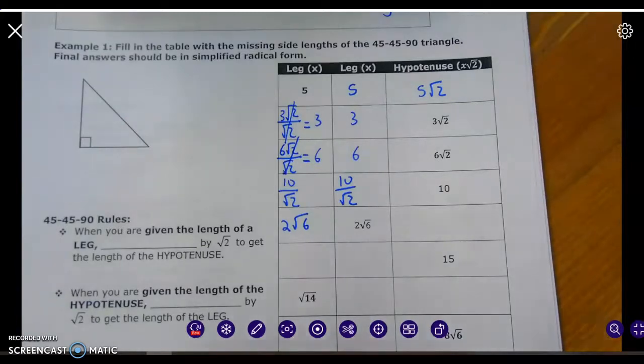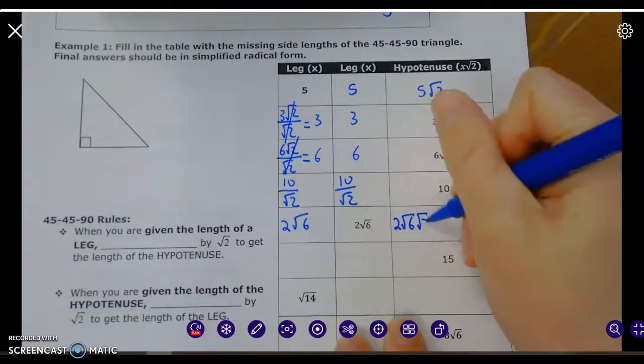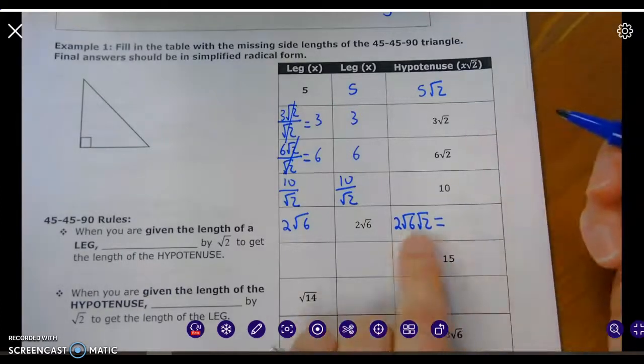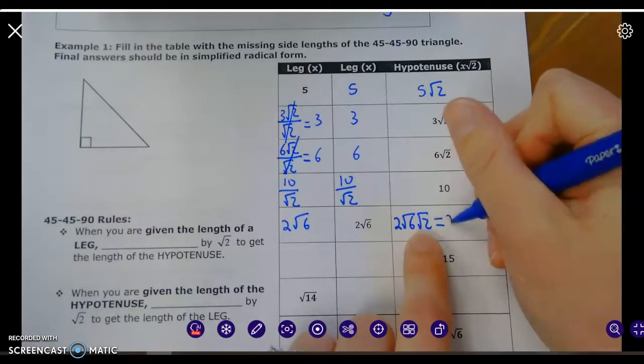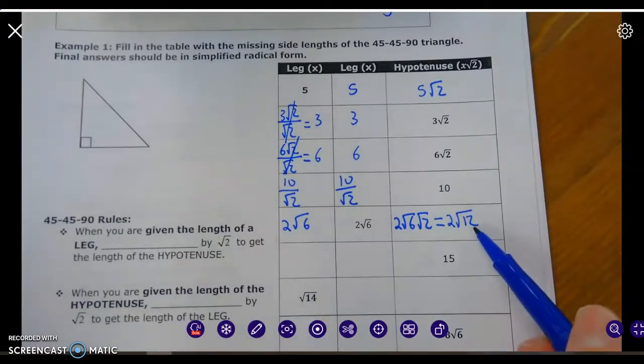Okay, so now we're back to having the legs and finding the hypotenuse. So if we're going from leg to hypotenuse, we multiply. So we take that 2 square root of 6 times square root of 2. Okay, so let's use those skills we've been working on, simplifying those radicals. So we're going to multiply the 6 and 2 together to get the square root of 12. Okay, are there any perfect squares we can divide out of 12?